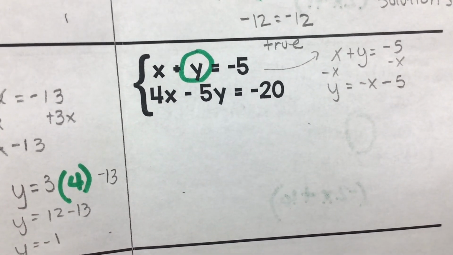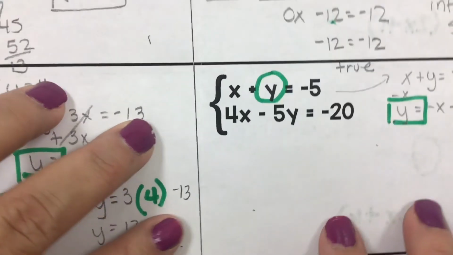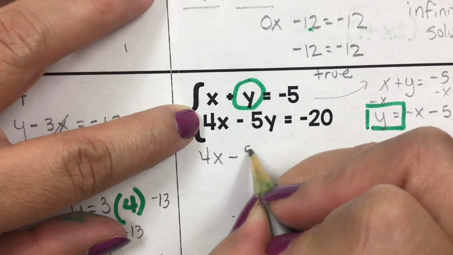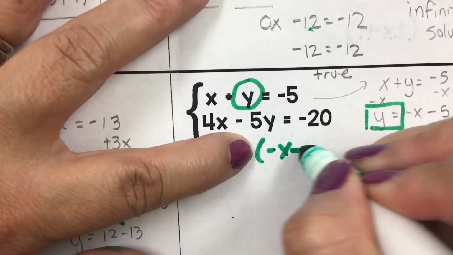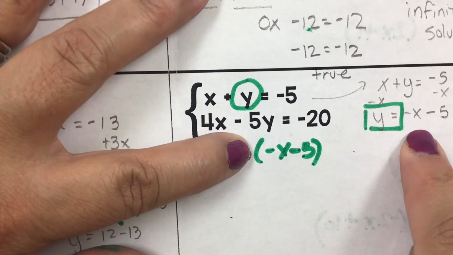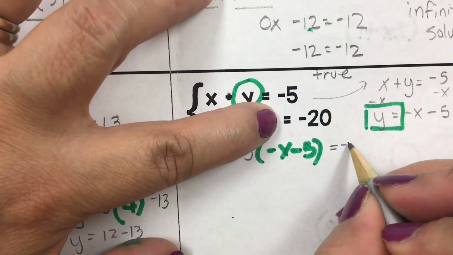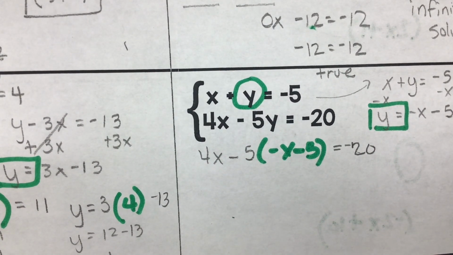And then I take that y equals, and I substitute it in for my y variable here. So I have 4x minus 5, but instead of writing the y, I write -x minus 5. That came from here. And that's still set equal to -20 because you're substituting it into that second equation.